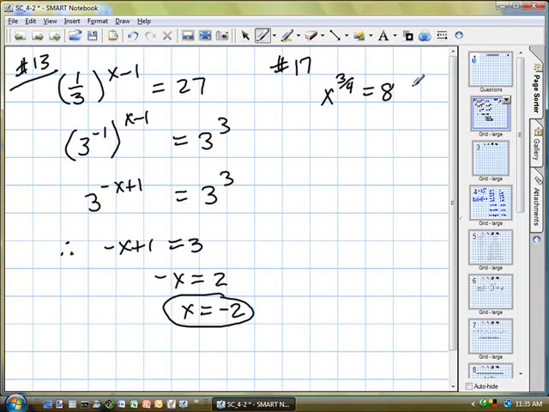So this is a totally different technique. X is down where we like it to be on the baseline, but I would like to get rid of that 3/4 power. I say get rid of it. That maybe is a bad word, because you can't just annihilate it. What can you do to it to make it into an exponent of 1? Because if it's an exponent of 1, isn't it really gone?